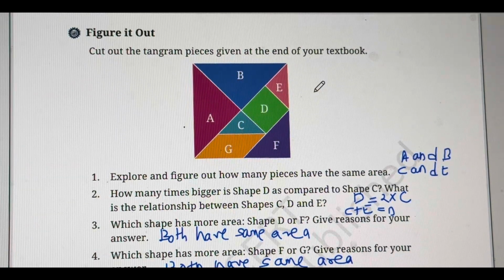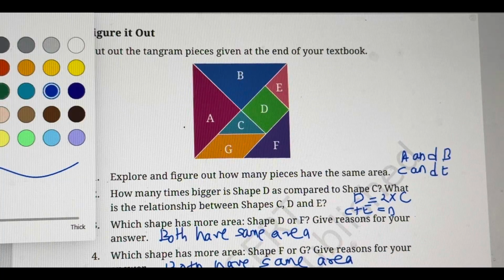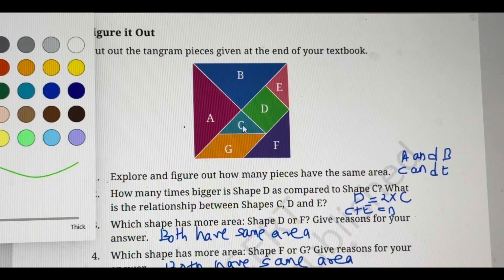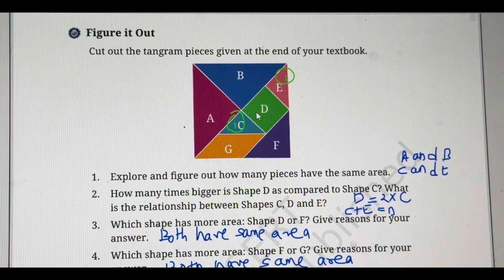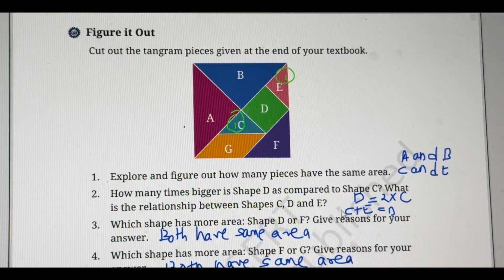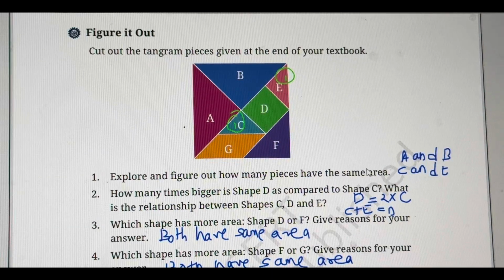So what we'll do, we can consider the area of shape C as 1. If I take this as 1, E is also 1, because they both have same area, right? And D was twice. We can see D is twice C, so this we can write as 2.